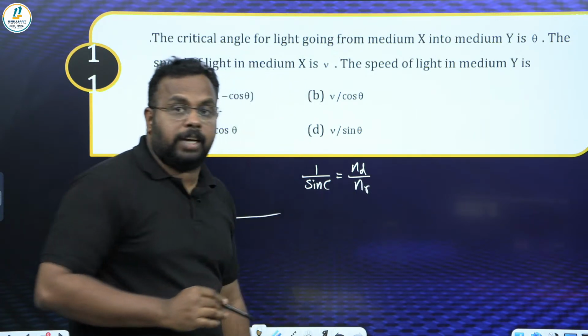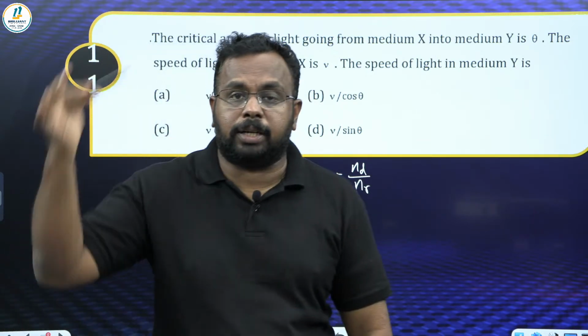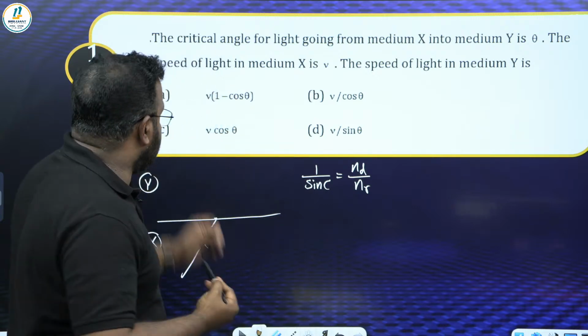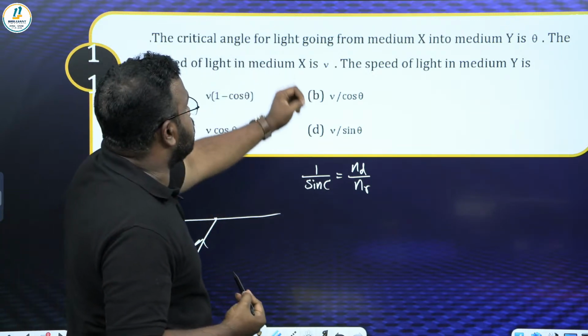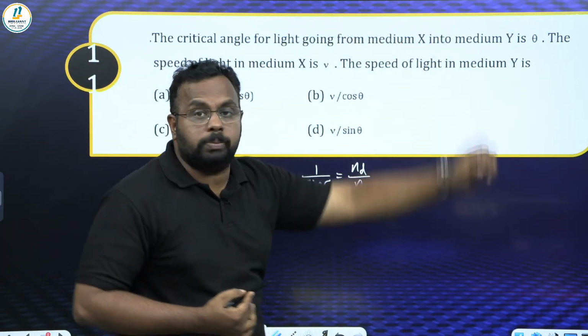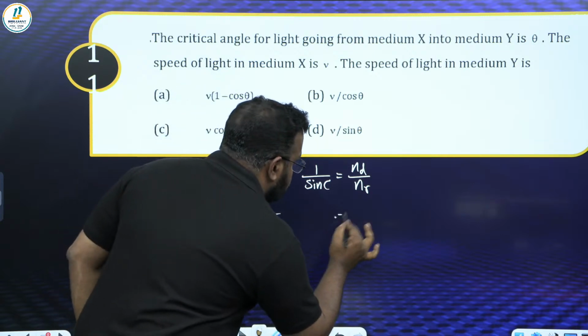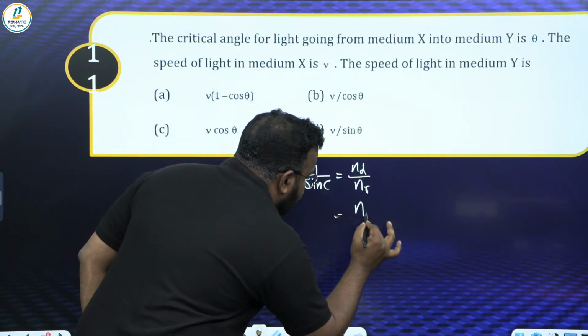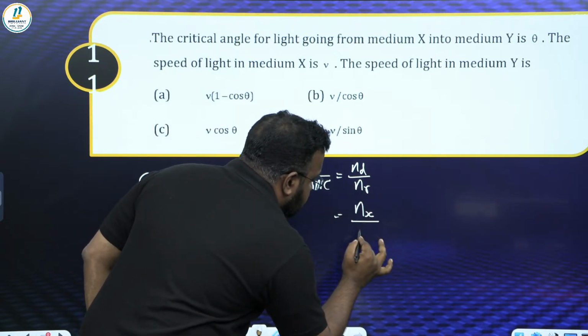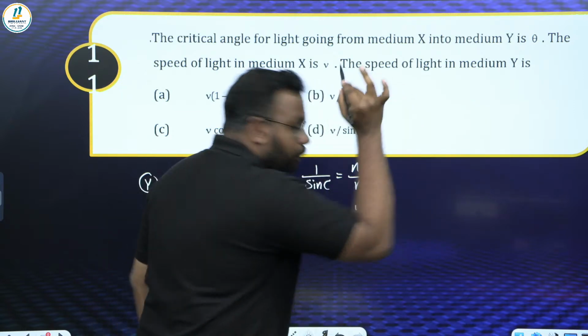Refractive index of the denser medium by refractive index of the rarer medium. So here, which is denser? The ray is traveling from medium X to medium Y, so I can put ND as NX and NR as NY.